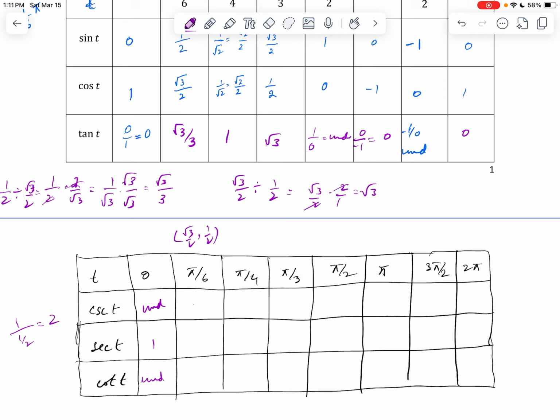So we have 2. Secant of pi over 6 was 1 over x. So x was square root of 3 over 2. So now we will have 2 over square root of 3, and if we rationalize, it becomes 2 square root of 3 over 3.